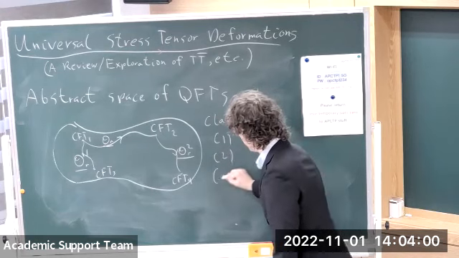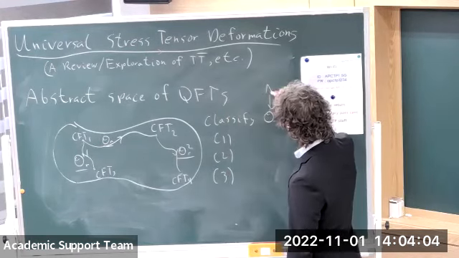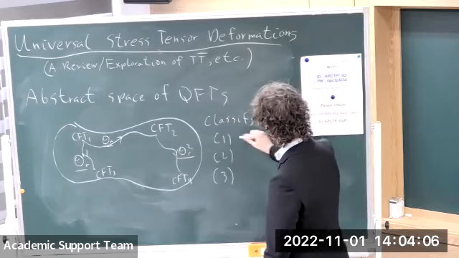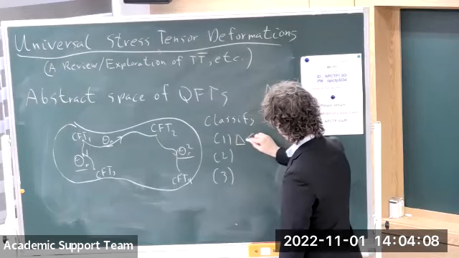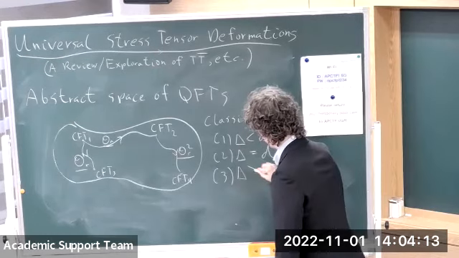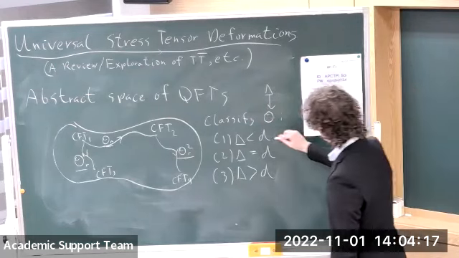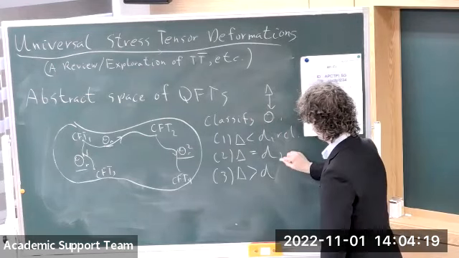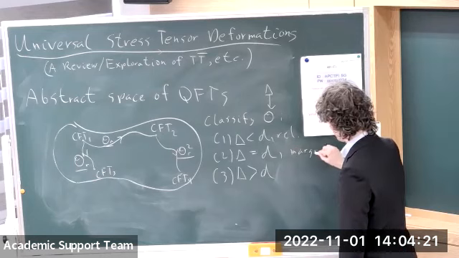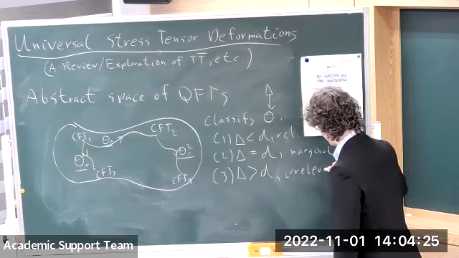If we're in D space-time dimensions and the operator O has scaling dimension delta, the way we usually think about this is delta is less than D, equal to D, or greater than D. Good. So these are, of course, relevant, marginal, and irrelevant deformations.